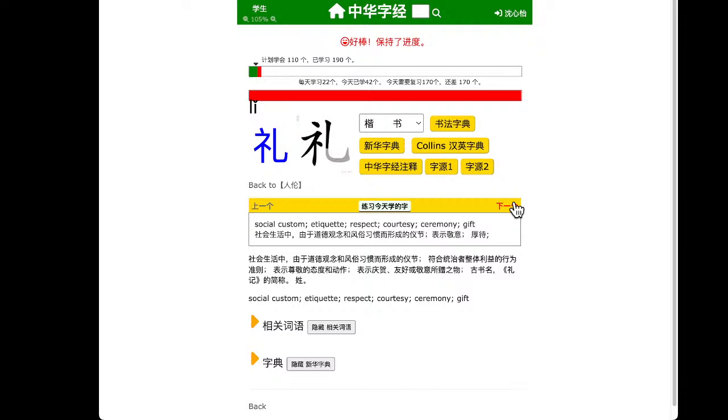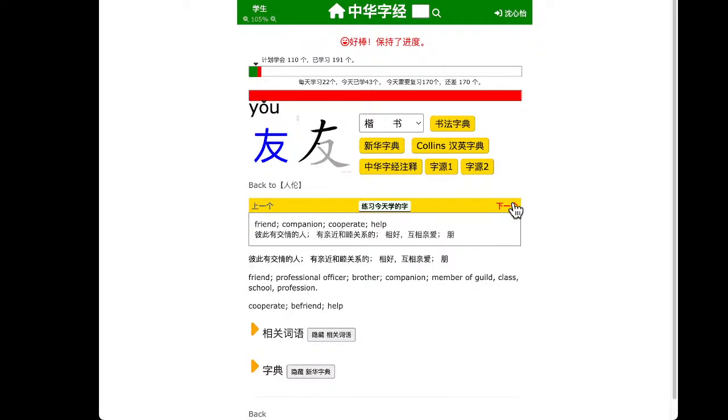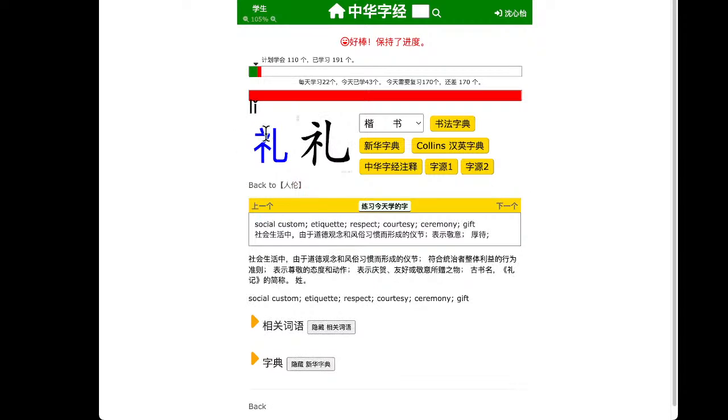Any sort of ceremonial type respect. Tradition. But specifically to the rites. Yeah, and also it's the 礼貌. 礼貌 is the word for politeness.